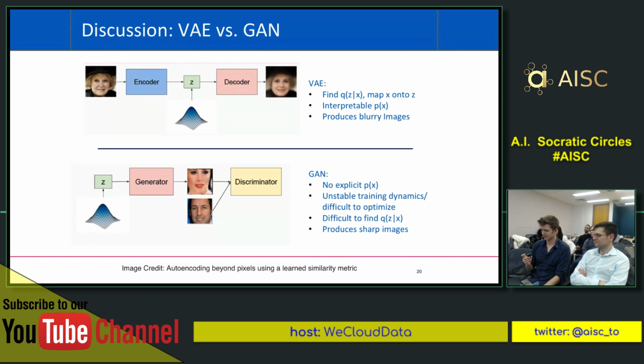One of the problems with the VAE is that the reconstructed inputs, let's talk about images, are very noisy and blurred, but with GANs the images are very sharp. But touching on what Chris mentioned, the training is very unstable, so there are some difficulties with the optimization.